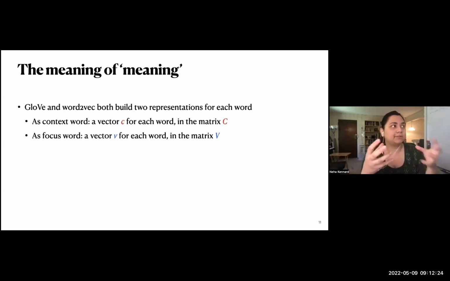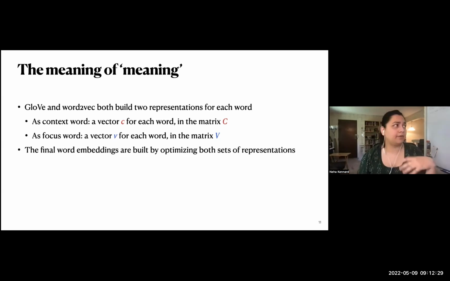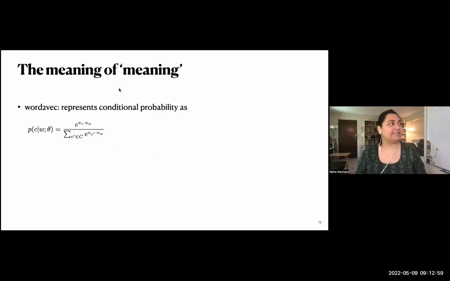The final word embeddings are trained by optimizing the matrix of context vectors as well as the matrix of focus vectors using the objective functions that we're going to see in the next slide. I apologize because the expressions are a little out of context, but I'm making a general point, so trust me and don't worry too much if it's not super rigorous. Okay, let me go to the next slide.